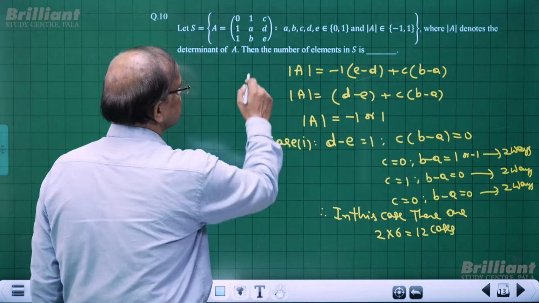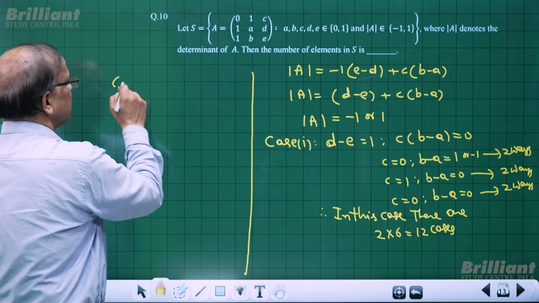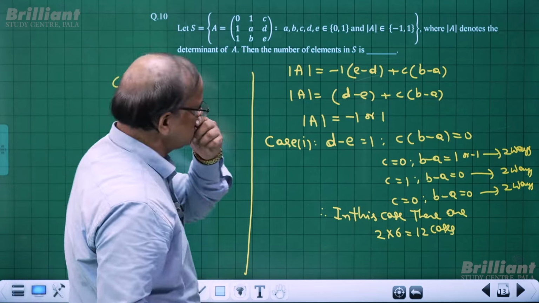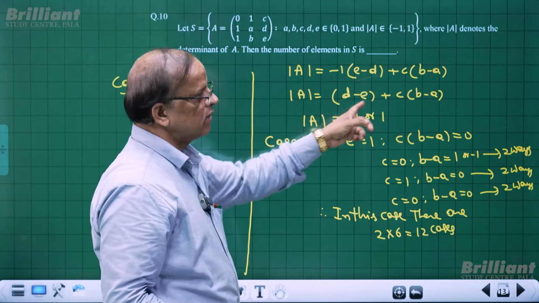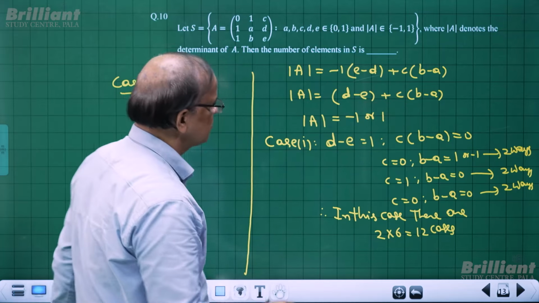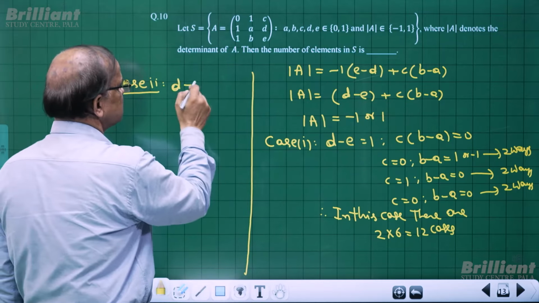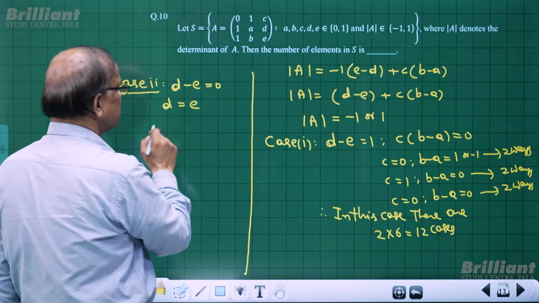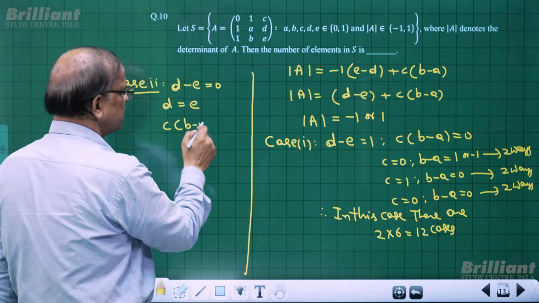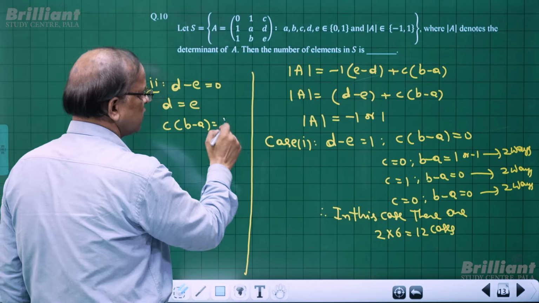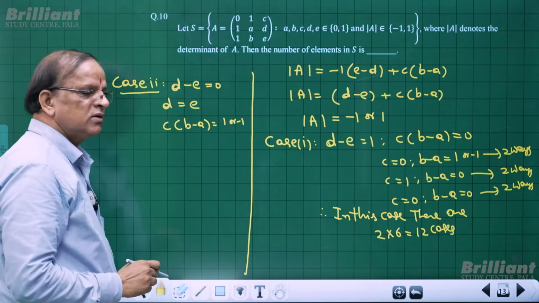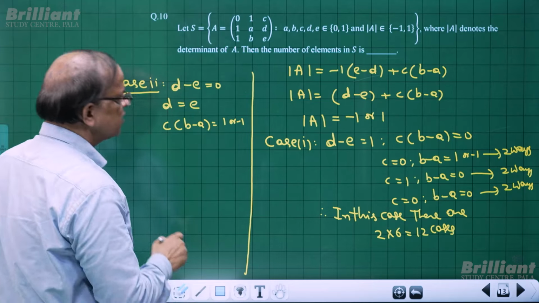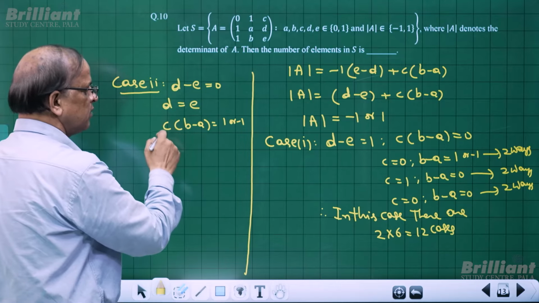Now, case 2 we can take: this is 0 and this is plus or minus 1, okay. So, D minus A is 0, right, therefore D is equal to A. Next, C into B minus A is equal to 1 or minus 1. That means here there are 4 cases, because 1, minus 1, minus 1, 1.